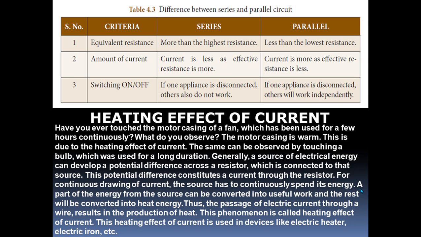Please note it down. A part of the energy from a source can be converted into useful work and the rest will be converted into heat energy. Thus, the passage of electric current through a wire results in the production of heat.